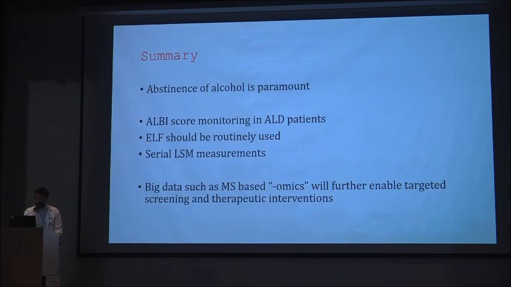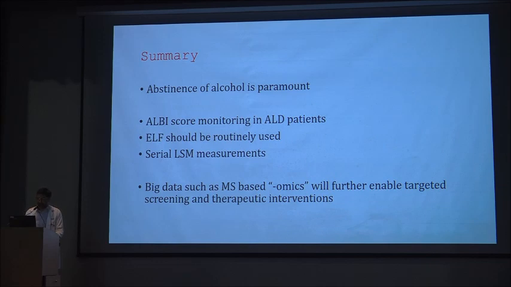So to summarize, abstinence from alcohol is paramount whenever studying any alcohol-related liver disease, because it is an individual's responsibility. AFP score monitoring has not been studied dedicatedly for alcoholic liver disease, but over the years it has evolved right from HCC to non-HCC related tumors to determination of liver function.